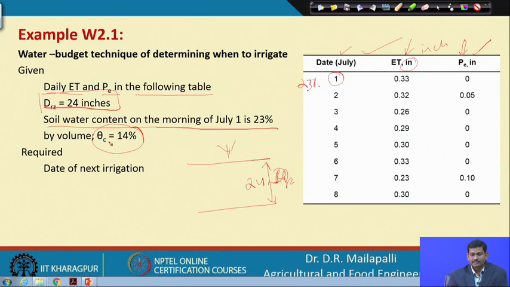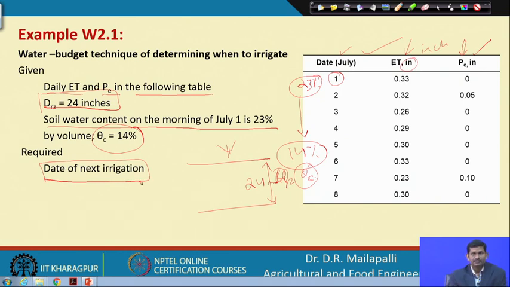Our interest is when this 23% reduces to 14%, then you give irrigation. Theta c here is your threshold. With this criterion, find out the date of next irrigation.